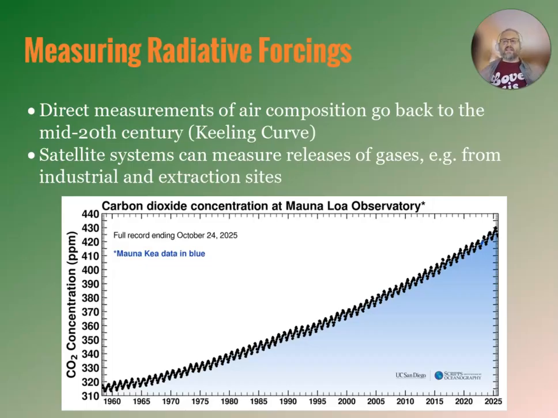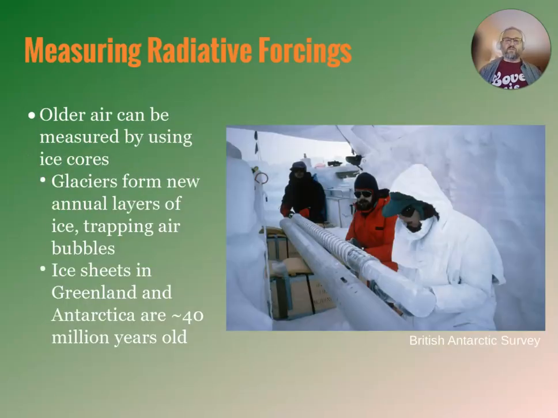We have satellites that can detect those releases. And if we have those satellites measuring worldwide, we can add up the specific contributions of certain activities to the addition of these gases into the atmosphere, and therefore calculate the amount of radiative forcing that those gases are going to produce.